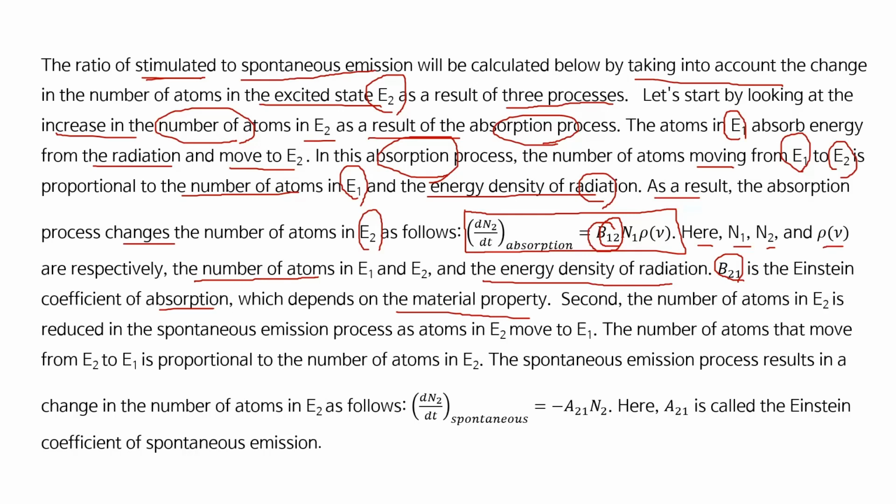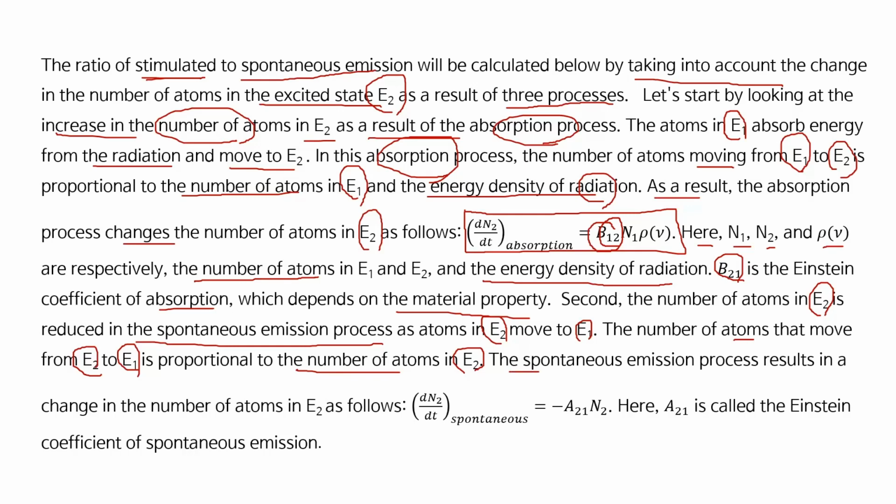Second, the number of atoms in E2 is reduced in the spontaneous emission process as atoms in E2 move to E1. The number of atoms that move from E2 to E1 is proportional to the number of atoms in E2.